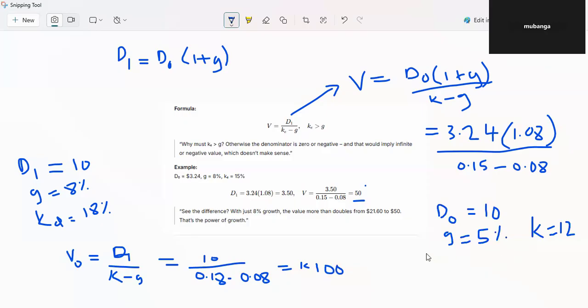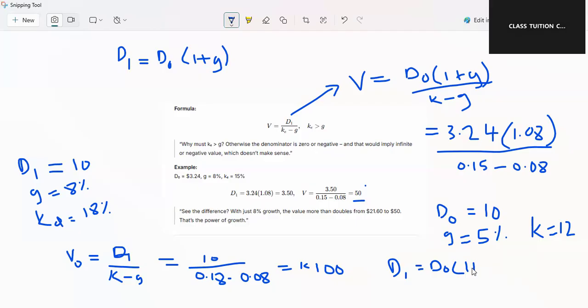Do we first calculate for D1, or do we use the formula that has D1 equals D0 (1 plus G)? Yes, so we calculate our D1, we start with D0, 1 plus growth.